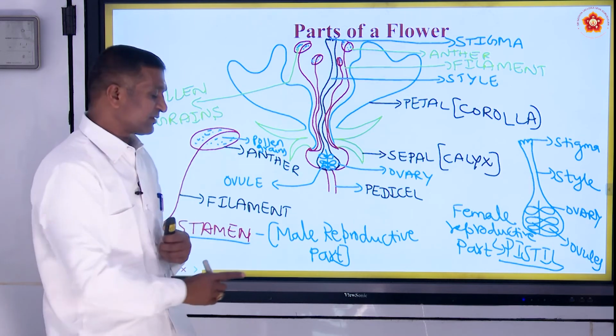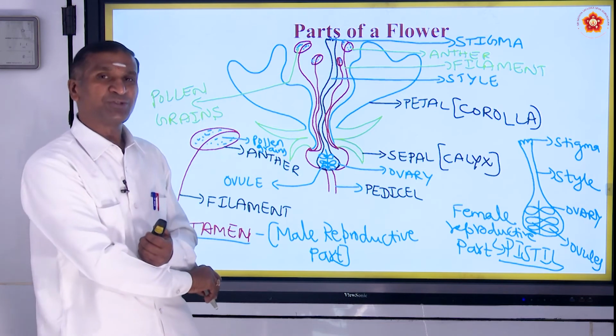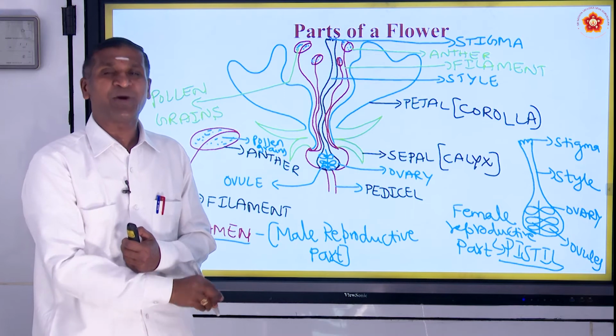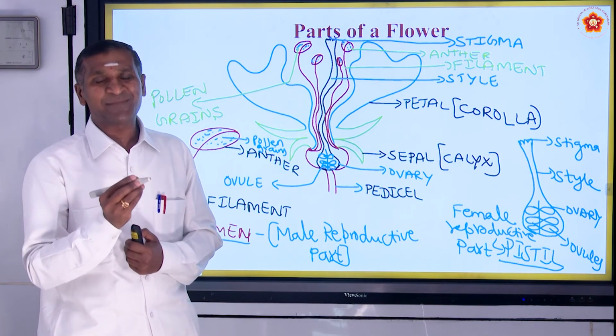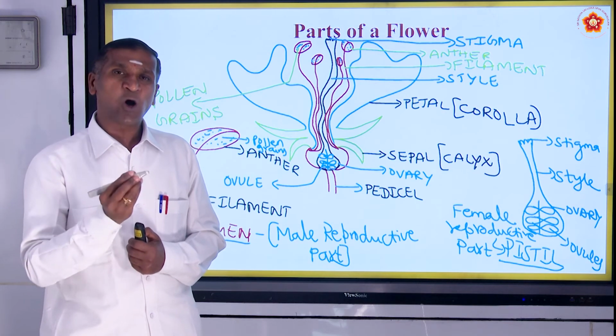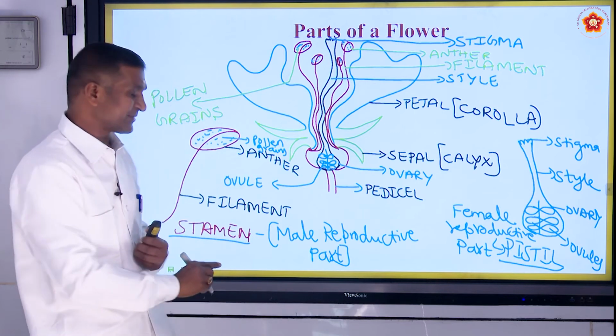I hope the students have understood in a simple way how to draw a typical flower and also the reproductive parts: the stamen, the male reproductive part, and the pistil or the carpel, which is the female reproductive part in flowers.